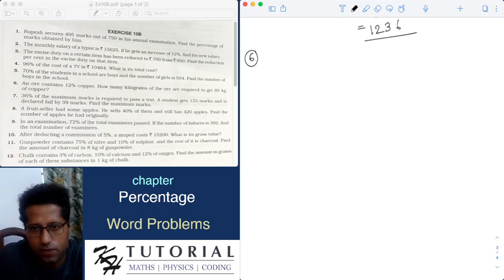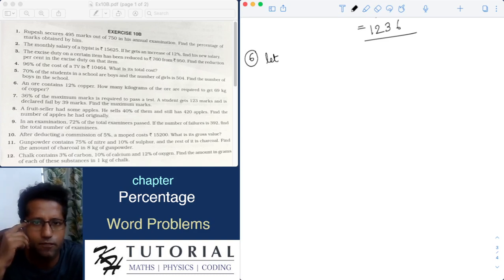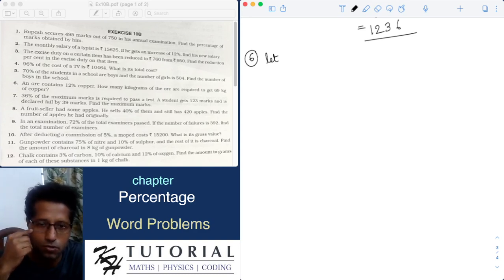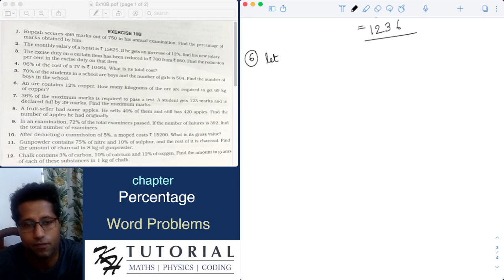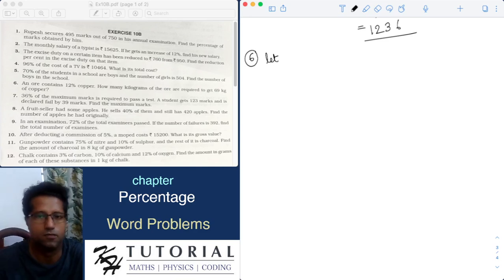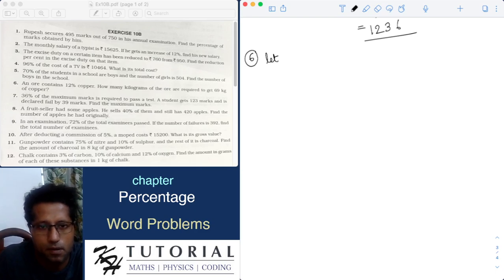So okay, the general strategy is that you have to assume some unknown quantity, and based on the given facts and conditions, you will find that unknown quantity, and using its value you can solve what has been asked. Now, it has asked how many kilograms of the ore are required to get 69 kg of copper.